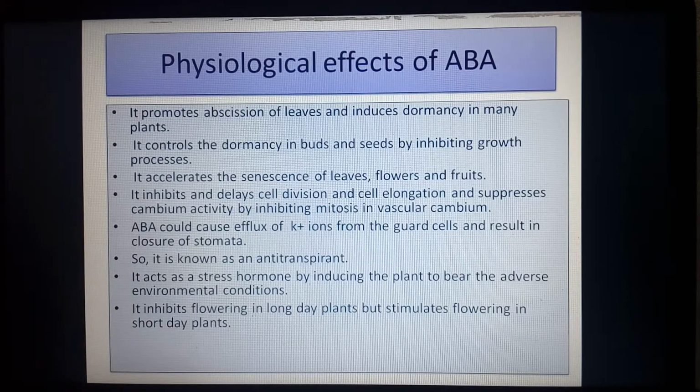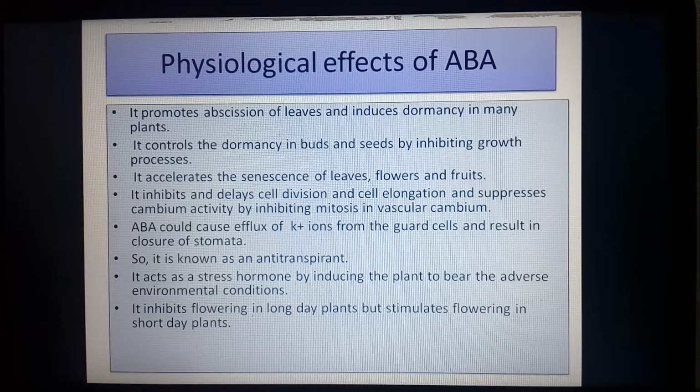Mind it, there are three different kinds of plants as per the flowering period. Some plants produce flowers throughout the year and are called day neutral plants. Some plants produce flowers during short day conditions, that means long night, long dark conditions. And the third type, long day plant, LDP.